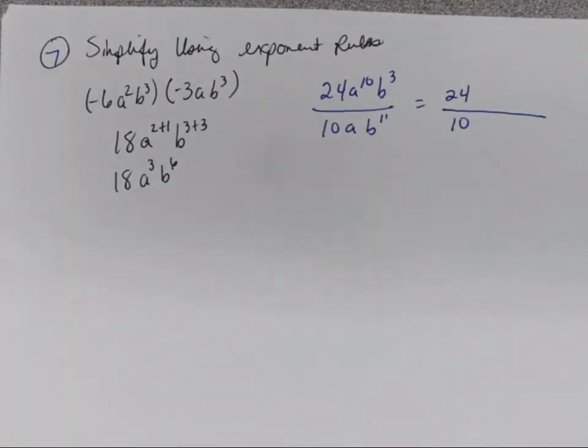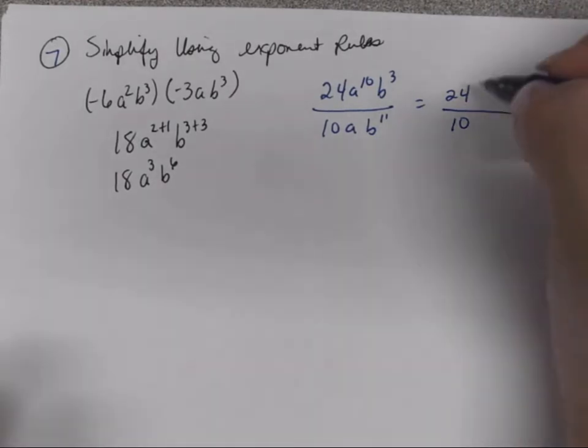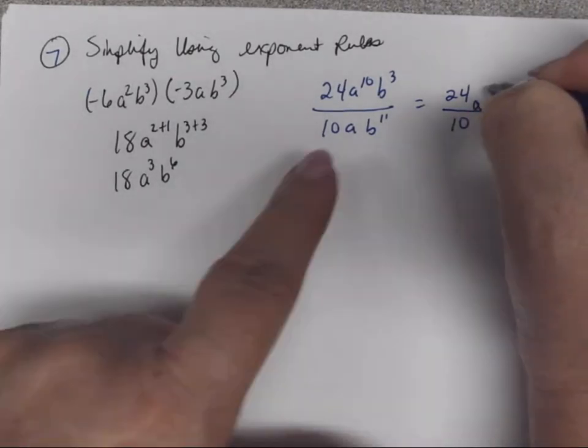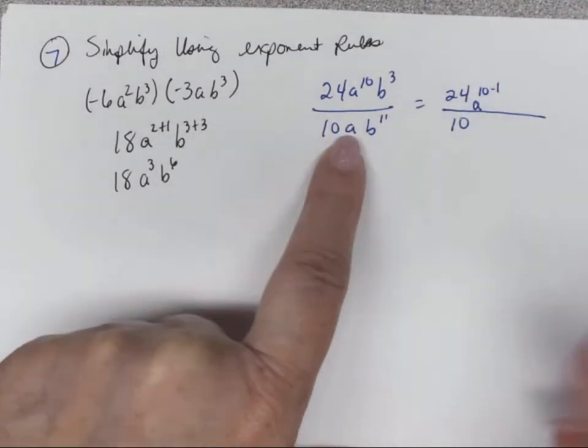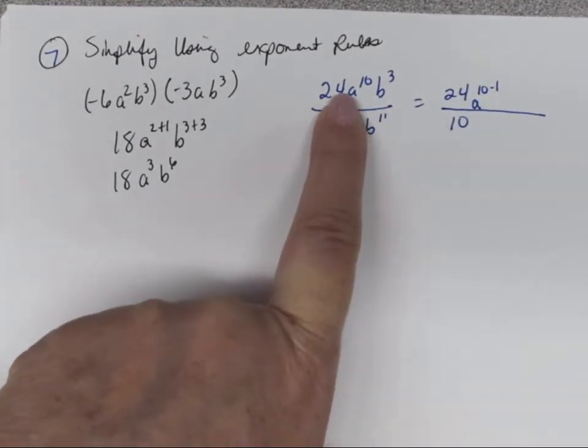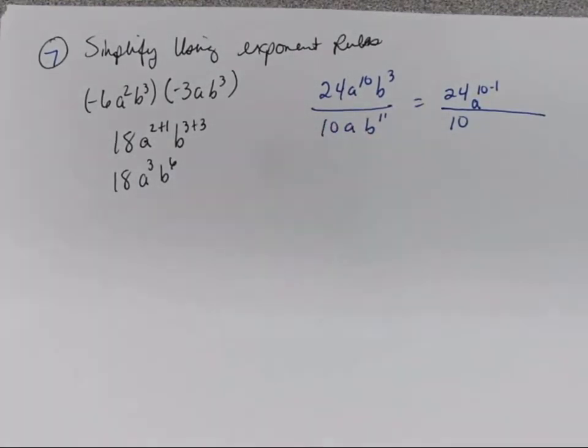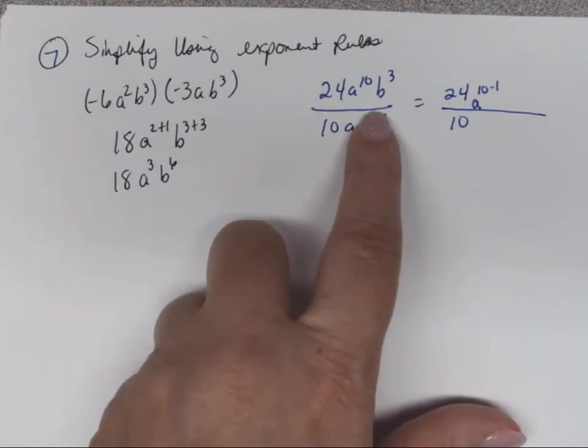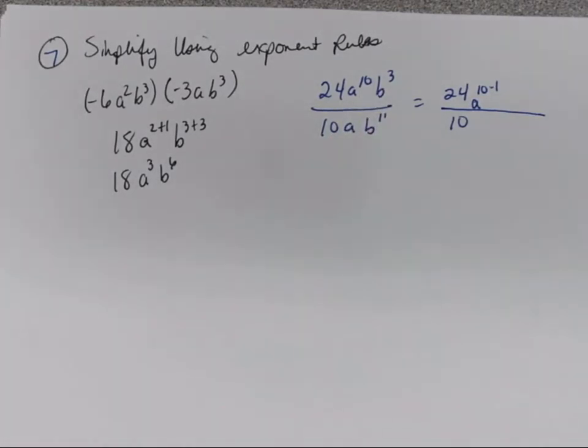Now what happens with our exponents? So you can move them all to the top, and we'll start with that so you can see the different choices you have, and then I won't do that in the future. So this will be a to the 10 minus 1, because when it crosses the line, it'll change its sign as it comes up. Because it's here, when it comes up, it'll be a subtraction.